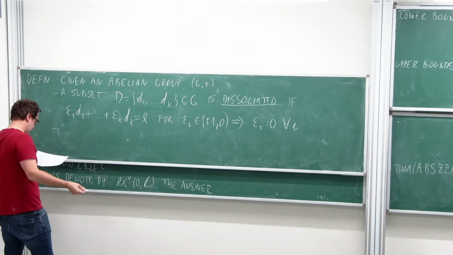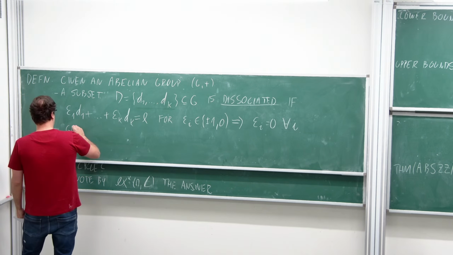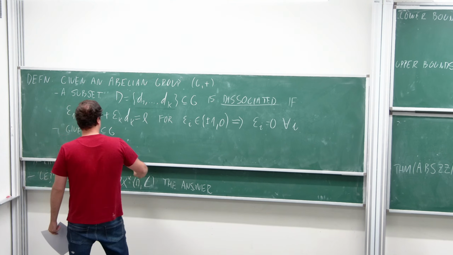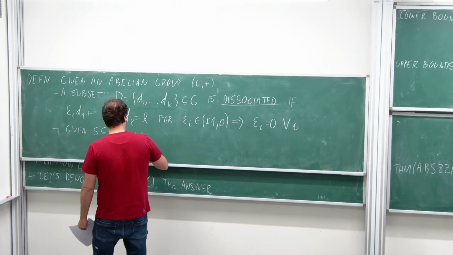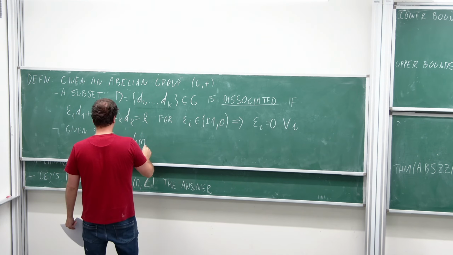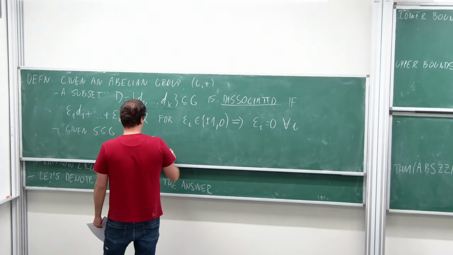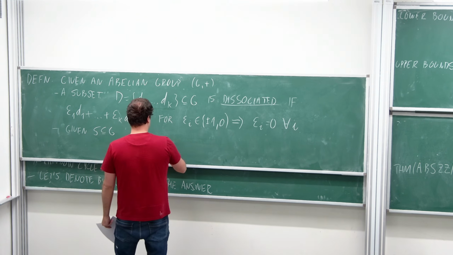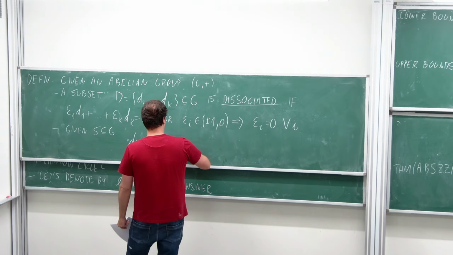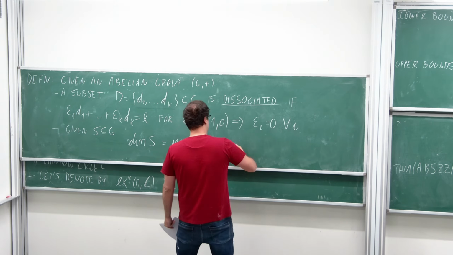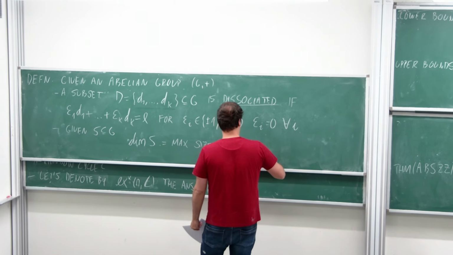If you are given a subset of your group, then the dimension, and there are multiple notions of dimension in additive number theory, this is called the additive dimension of S, and it is just the maximum size of a dissociated subset.